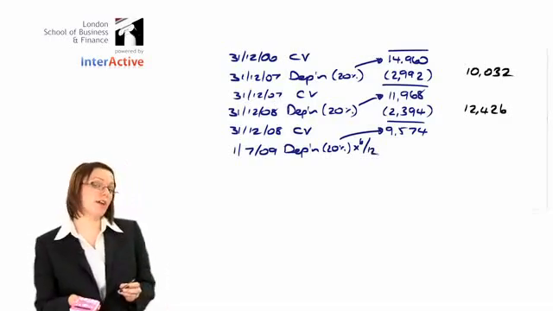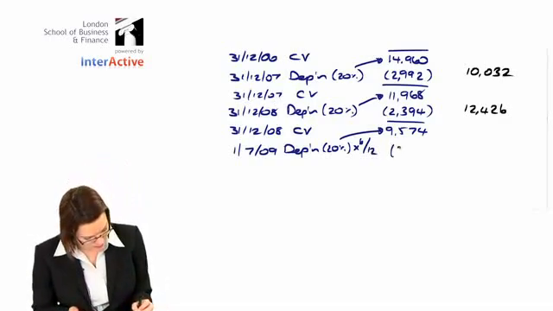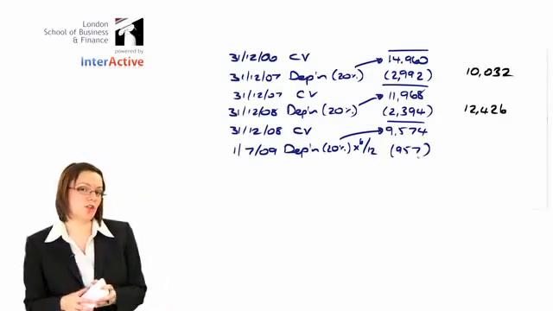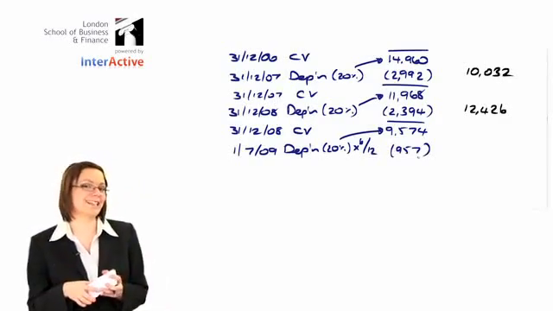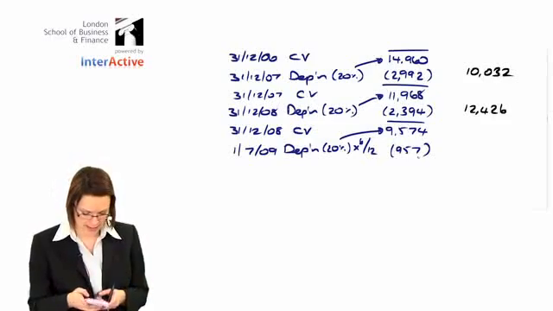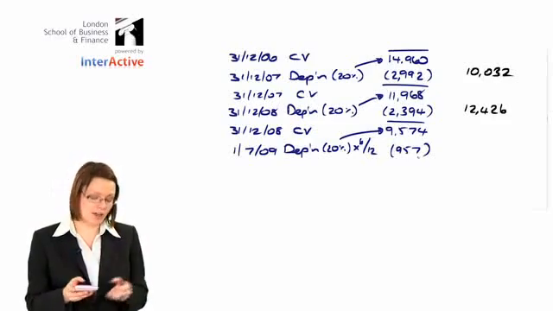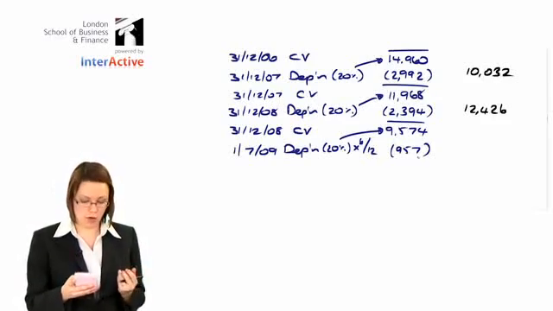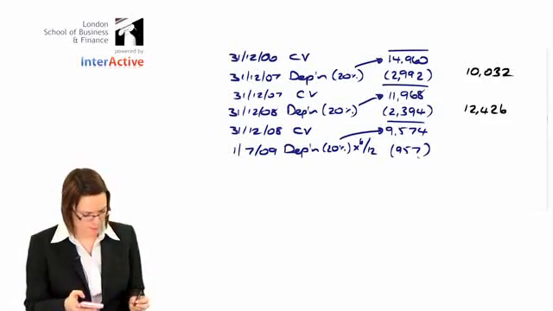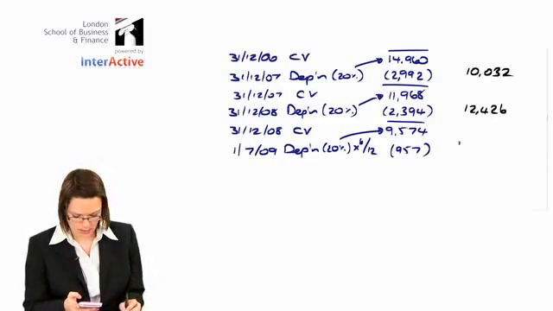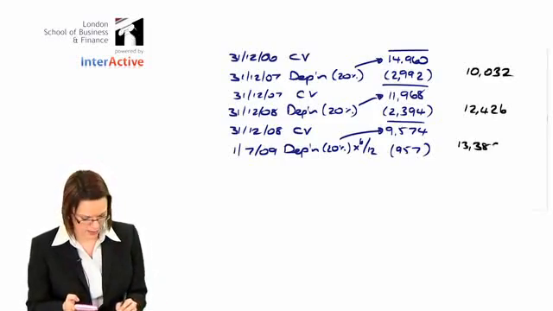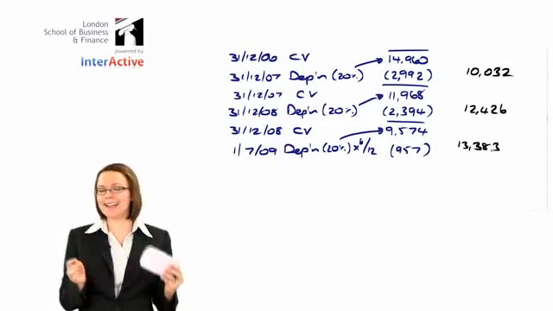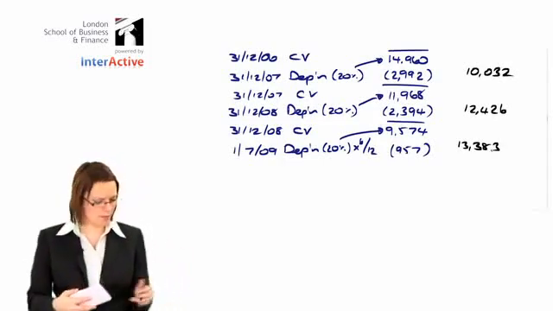So that's going to give us 957, rounding to the nearest dollar, as our depreciation charge for those 6 months that we held the asset in 2009. And add that 957 to the balance of accumulated depreciation of 12,426. That's going to give us 13,383, the balance on accumulated depreciation at the date of disposal.